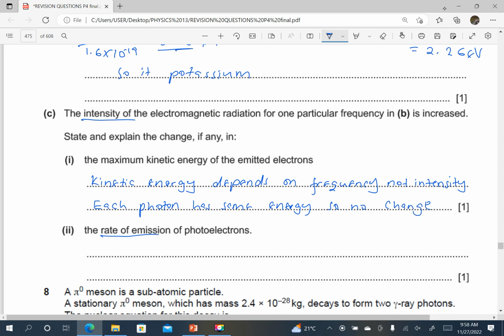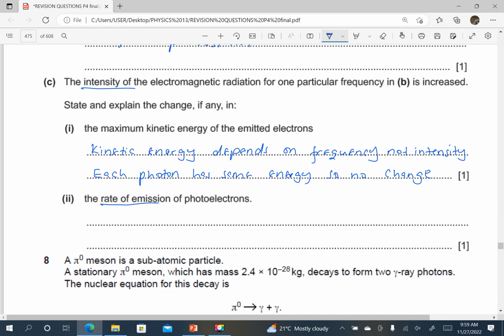The rate of emission, that is the number of photons emitted. The intensity is increased. Of course, the rate of emission will also increase because intensity is the number of photons emitted per unit time, which is the number of electrons emitted per unit time. So that is the rate of emission.